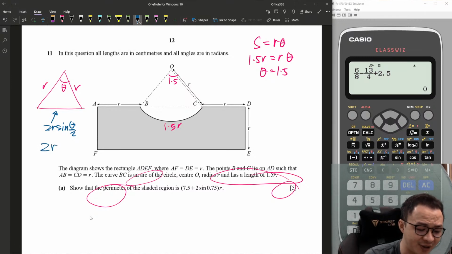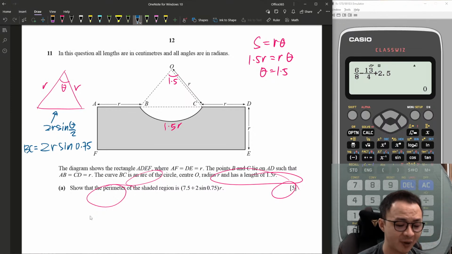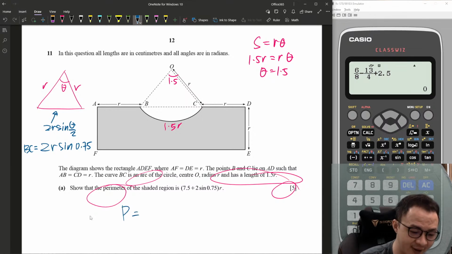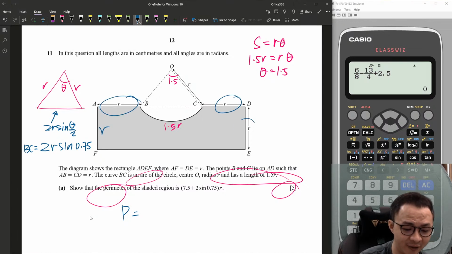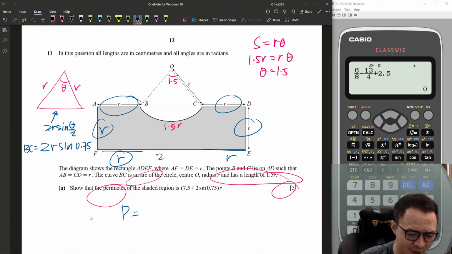So 2r sine, this is 1.5 divided by 2, which is 0.75. Now I got the length of BC. Now I can get the perimeter. The perimeter is 1r, 2r, 3r, 4r, here another r, 5r, here another r, 6r, and here another 2r sine 0.75, because both of them must have the same length.